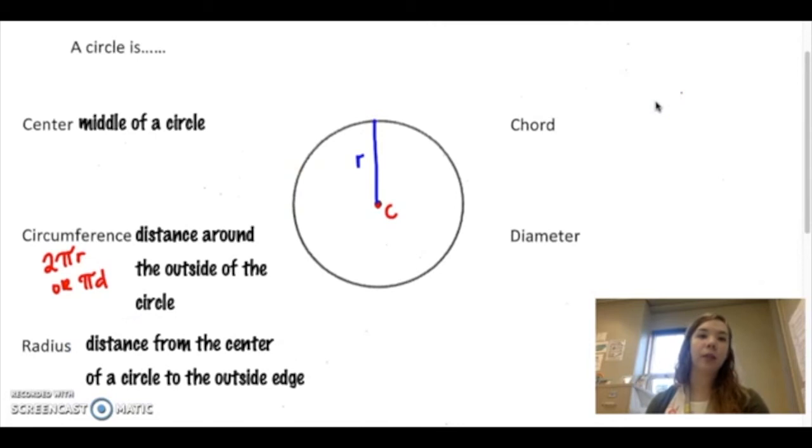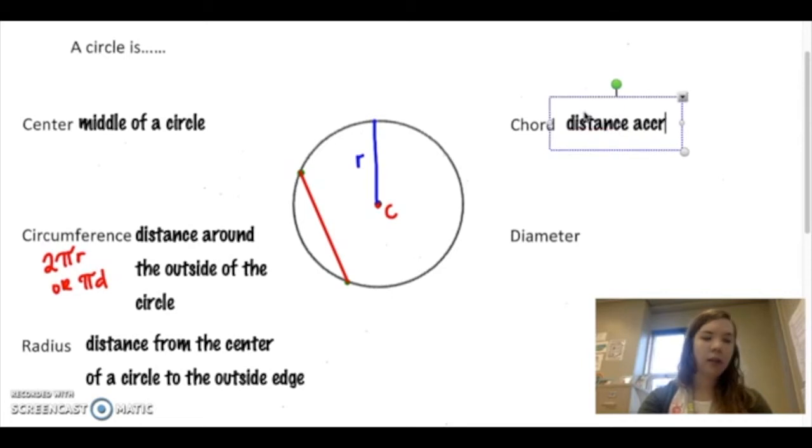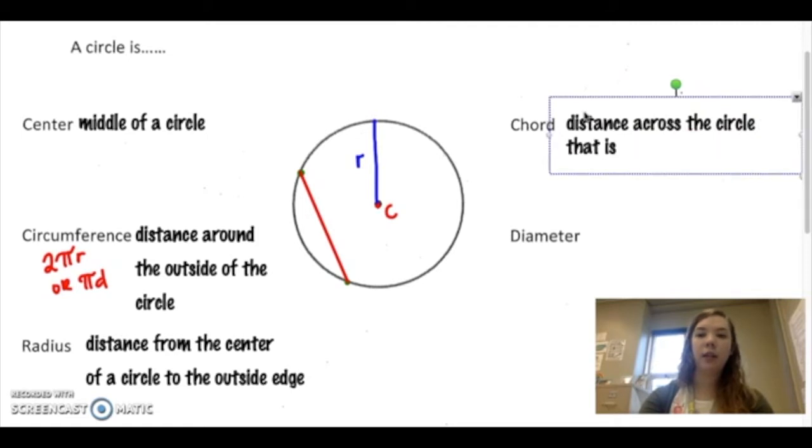A chord, could be and probably is a new vocabulary term for you, but a chord just connects two endpoints. It does not have to go through the center of the circle. Okay, so when we define that, let's say distance across the circle that is not through the center.